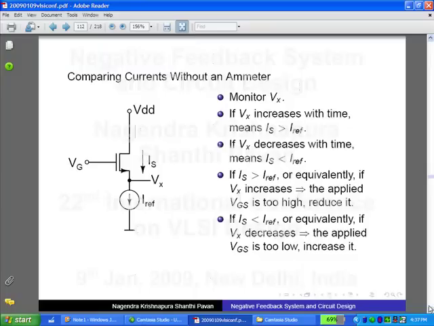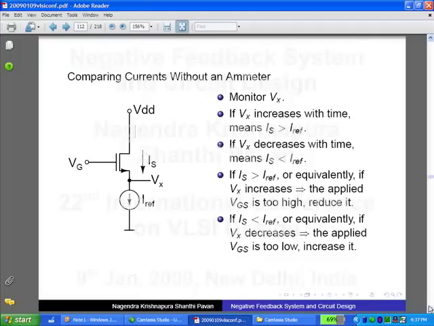But VG is fixed, which means the source potential, which is also Vx, is too low, and I must increase it. Correct? And we can see that the very act of putting IREF in series with the transistor at the source is essentially accomplishing that.